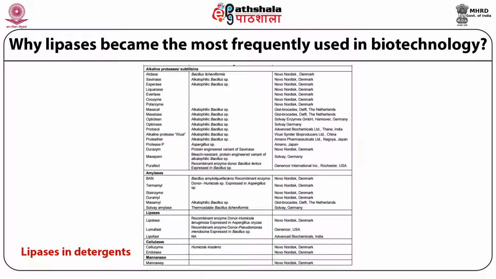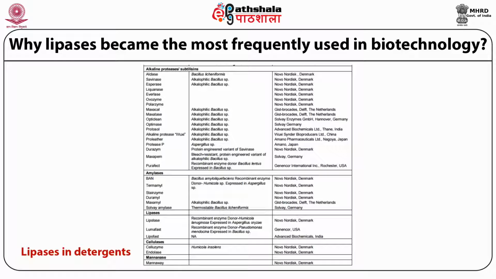Let us look at another application of lipases which actually came up much earlier, and has now grown into a tremendous market. Detergents, that's the area. Detergents are used all over the world to clean clothes, utensils, and many surfaces. It was found fairly early that the enzymes as additives in these detergent preparations allow catalytic cleaning.